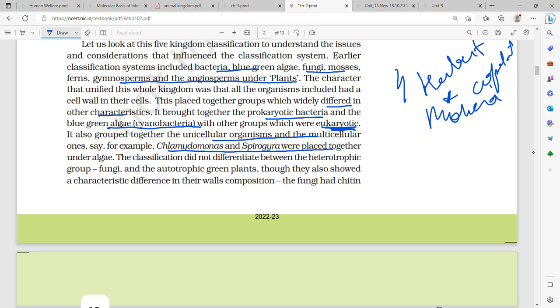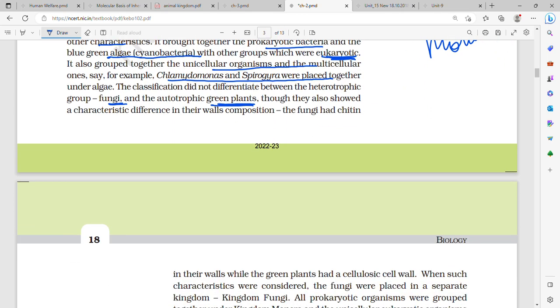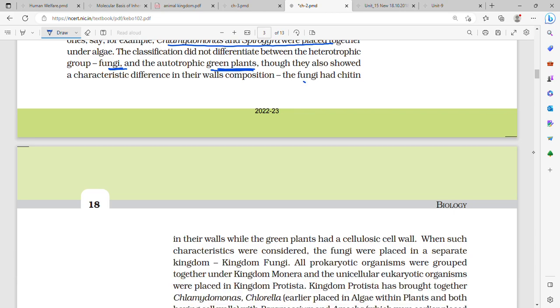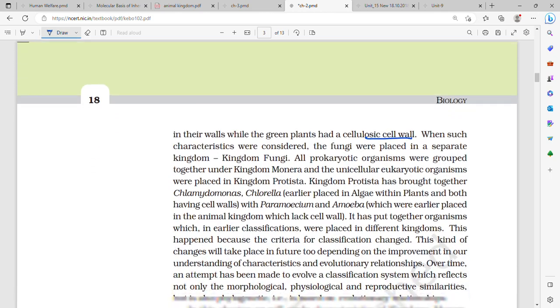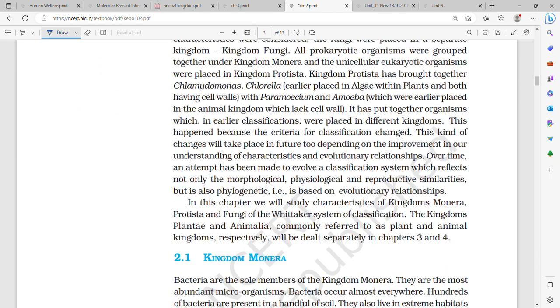The classification did not differentiate between the heterotrophic fungi and autotrophic green plants. Then there was a difference in cell wall composition: fungi had chitin whereas green plants had a cellulosic cell wall. When such characteristics were considered, fungi were placed in a separate kingdom called kingdom Fungi.